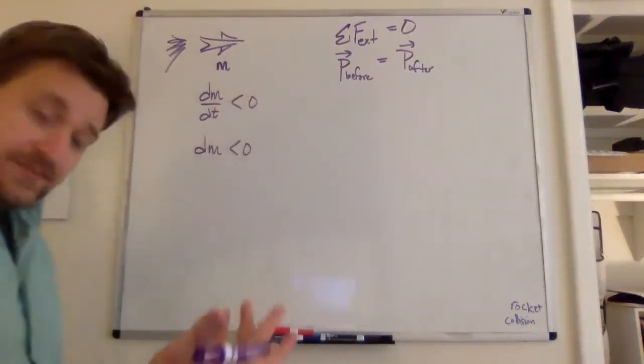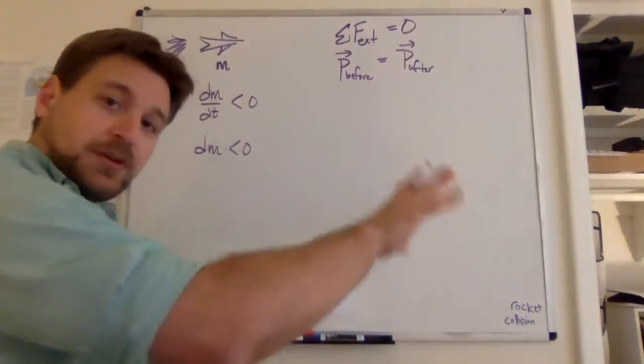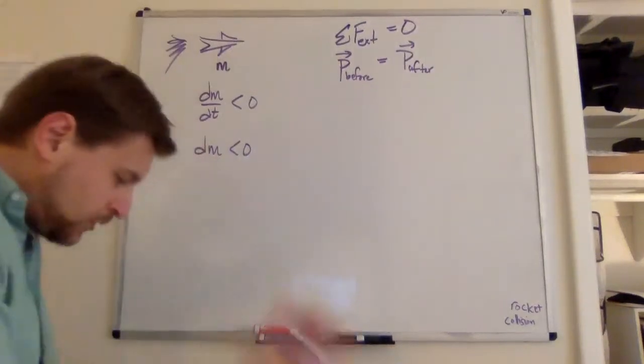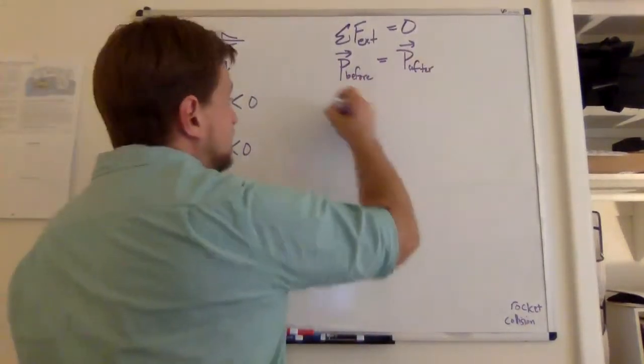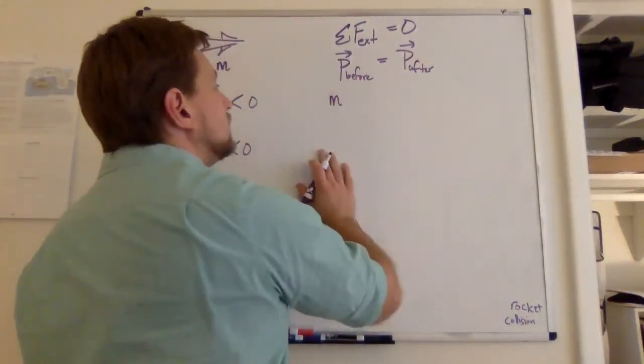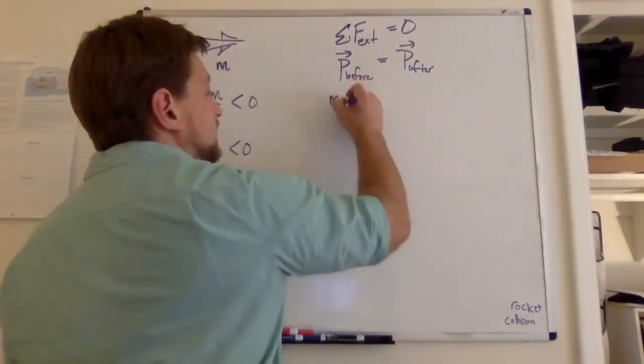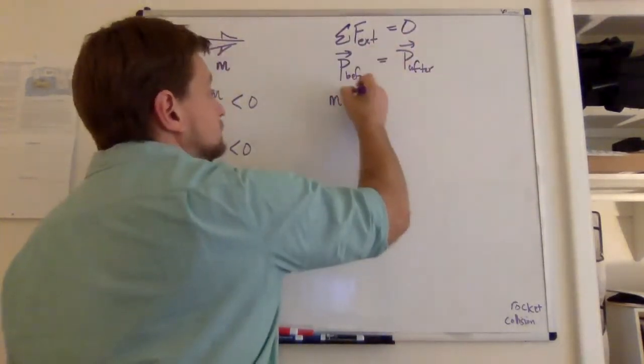And let's say that that event is the expulsion of exhausted fuel. Before we do that, we have a rocket with some mass that is traveling through space at some initial velocity v.